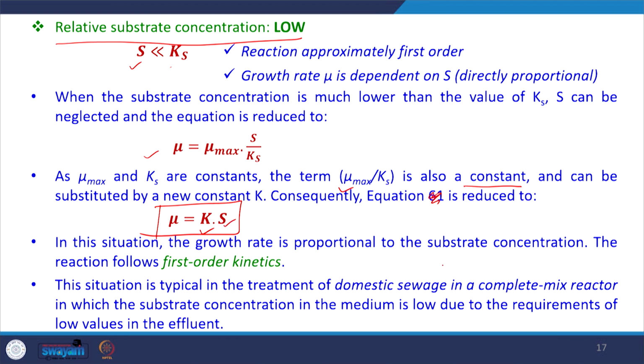The growth rate is proportional to substrate concentration and the reaction follows first order kinetics. This will happen in the treatment of domestic sewage in a complete mixed reactor, and generally the activated sludge process is like a complete mixed reactor. So, the growth rate in the complete mixed reactor follows first order kinetics, and it will be true for the activated sludge process etc.